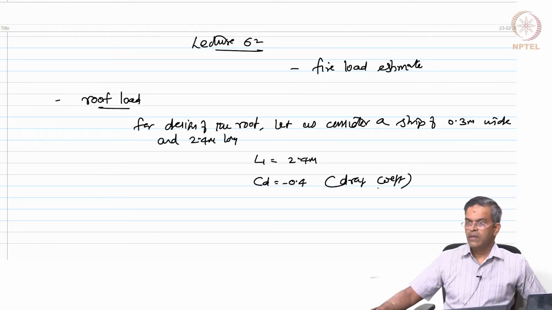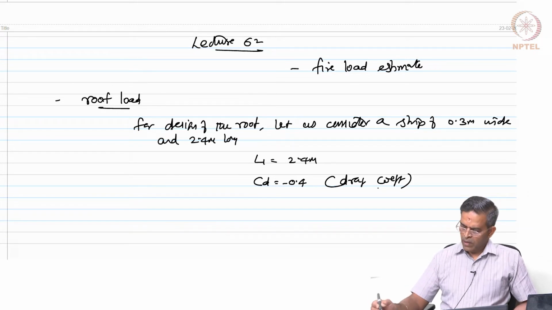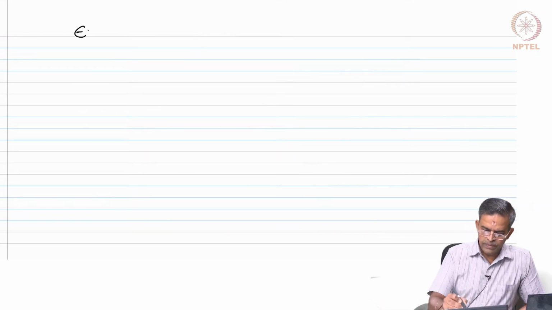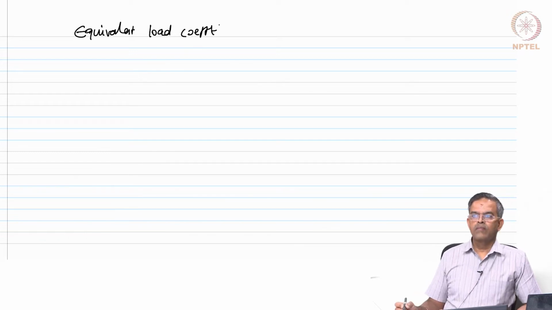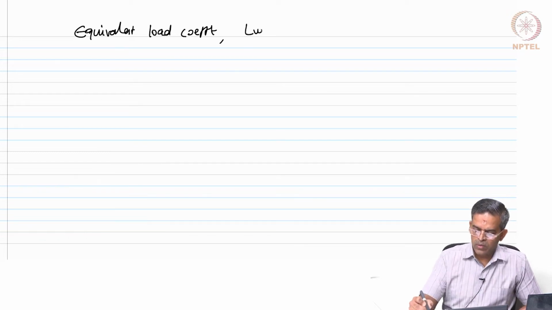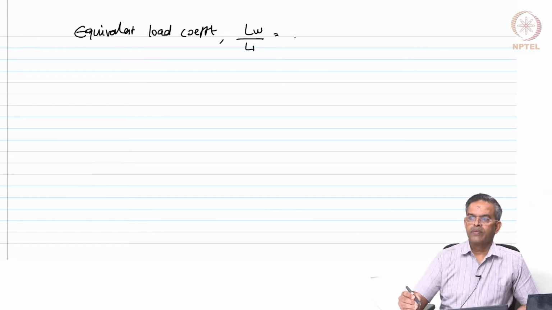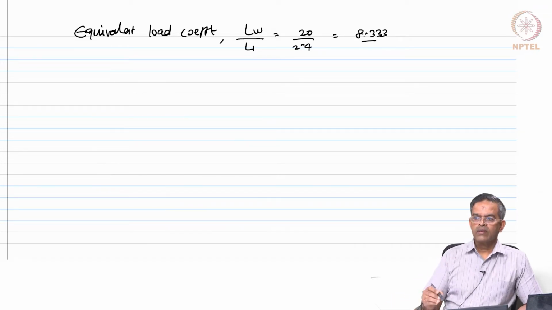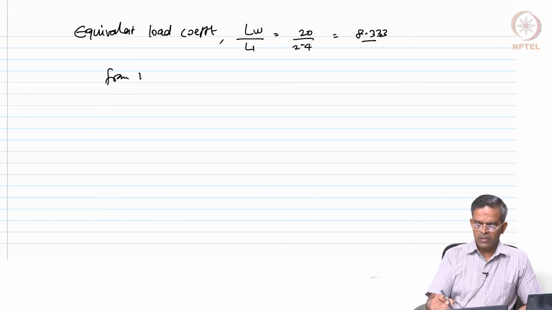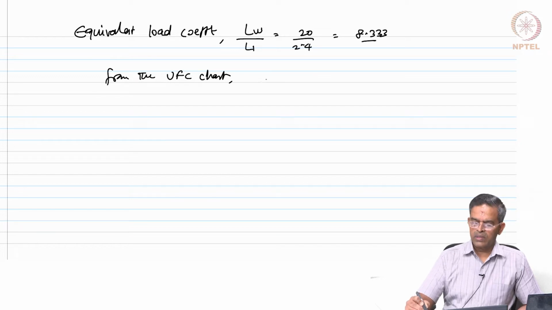Equivalent load coefficient will be now equal to LW by L1, which is 20 by 2.4, which is 8.333. So, from the UFC chart, one can calculate CE as 0.9.